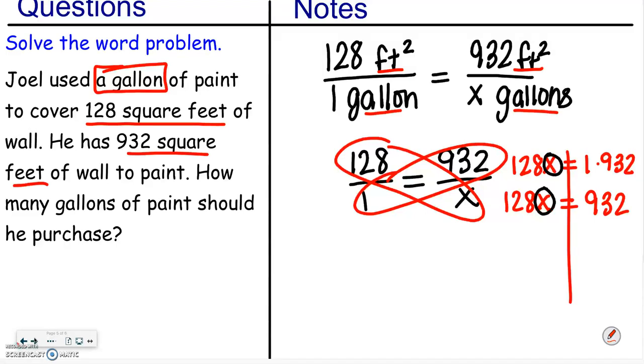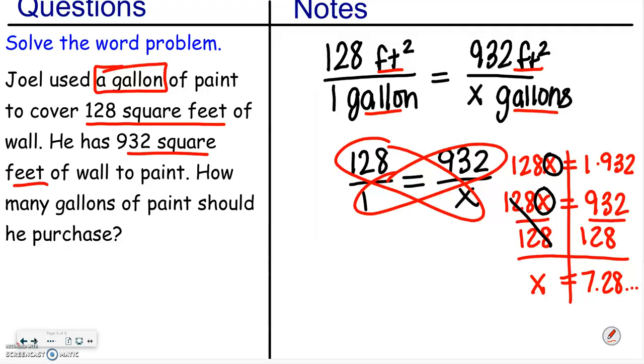Circle my variable, divide by 128. 932 divided by 128 equals 7.28. And that keeps on going. So he would need 8 gallons of paint because you can't buy 7.28 gallons of paint.